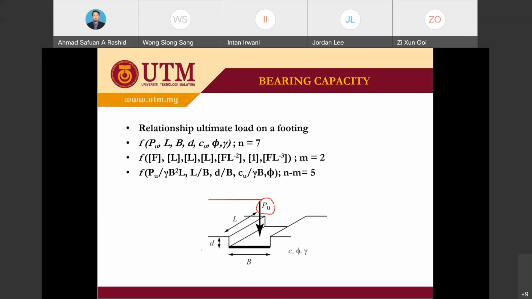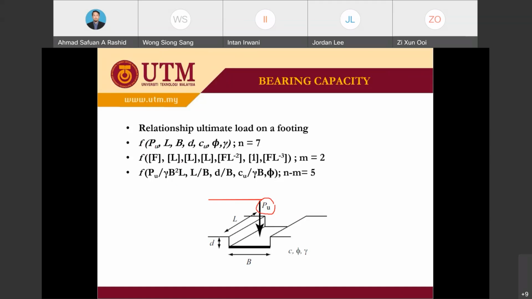Then D is the depth of the footing from the ground level. Then Cu is the strength of the soil. We have phi, the internal friction angle, and the last one is the unit weight gamma. In total, we have 7 parameters.